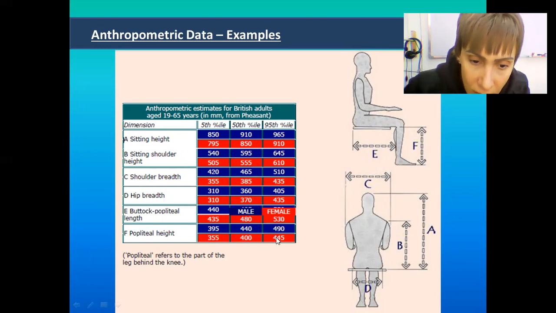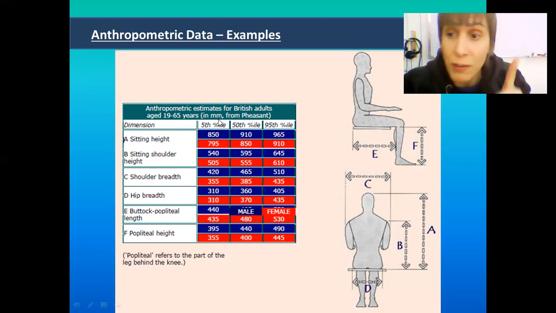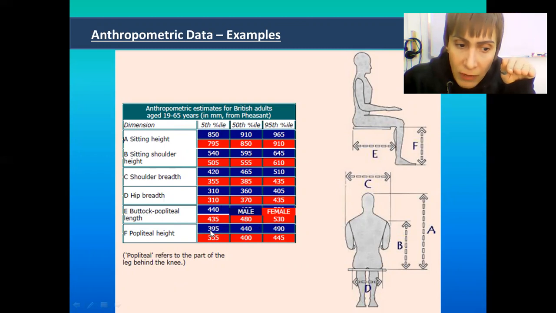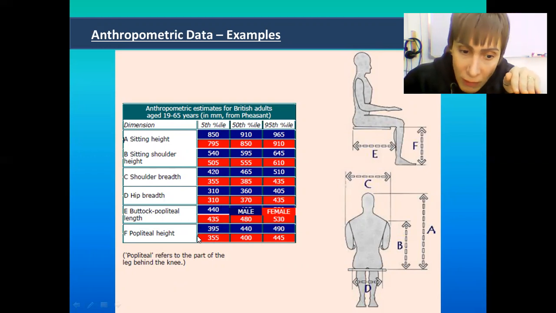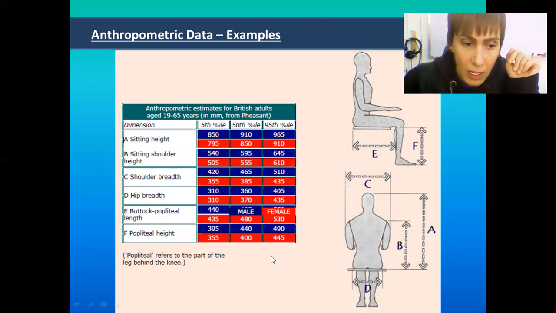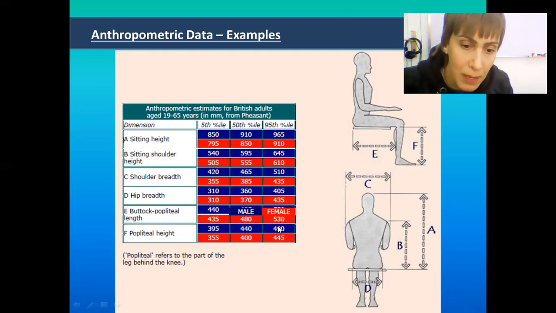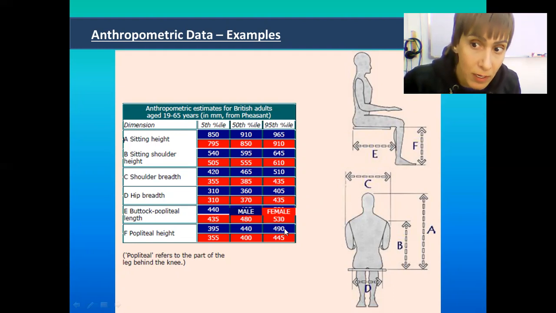If you notice, if I take the 5th percentile, the small men, they will have this size for number F. If I take the small females, they will be even smaller than the male, okay? This is their number. If I take the 95th percentile, the larger, okay, the male will have this number, the female, this number.